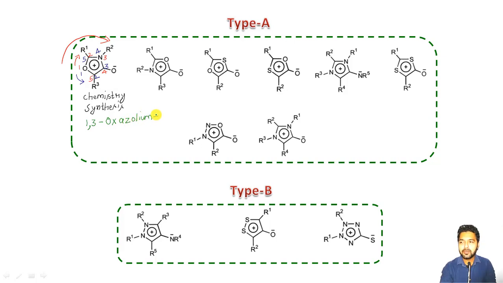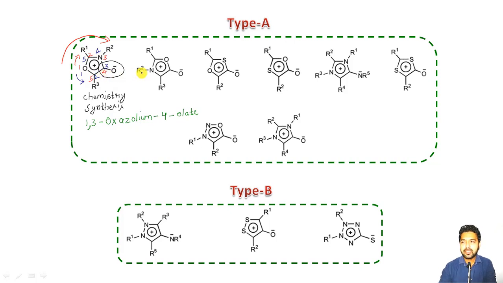And moreover, on number 4 we are having an olate, O-L-A-T-E. So the name of this very first type A mesoionic heterocycle is 1,3-oxazolium 4-olate. This thing on number 4 we will be calling 4-olate, right?